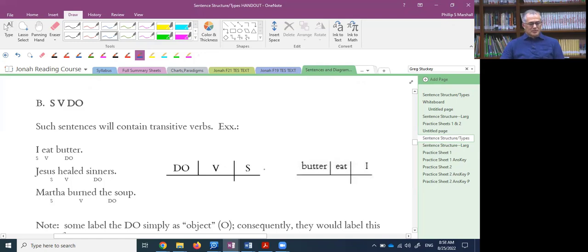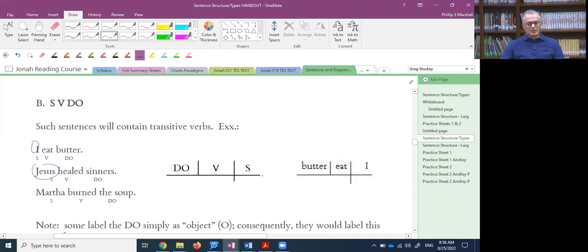All of these share the same structure. Notice I could have a pronoun as the subject or a full noun, right? And as you've seen, I could have a noun phrase. It could be not just Jesus healed sinners, but the Savior healed sinners, and the Savior would be a phrase and not merely a single word.